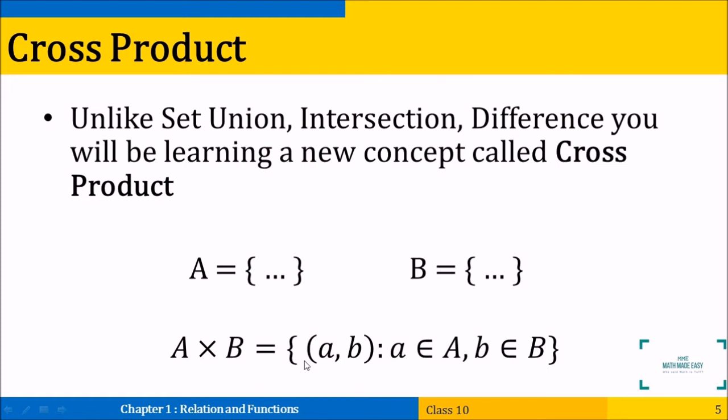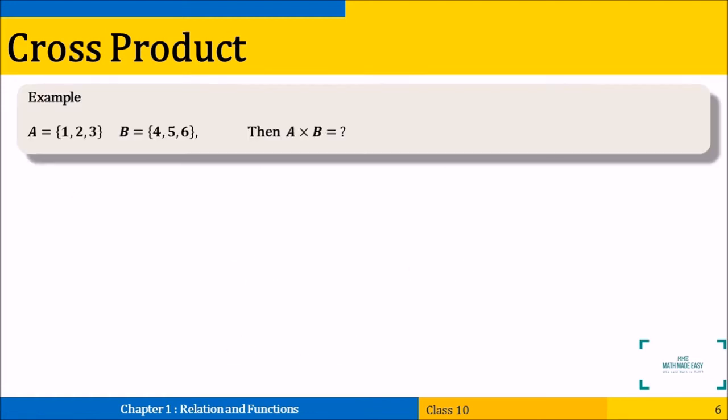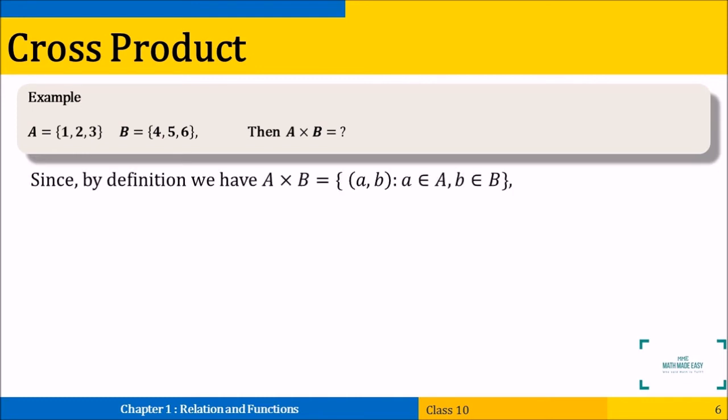Let me make this clear with an example. Let's consider the set A to be {1, 2, 3} and the set B to be {4, 5, 6}. Let's find A cross B. By definition, A cross B equals the set of ordered pairs (a, b) such that a belongs to the set A and b belongs to the set B. We have A equals {1, 2, 3} and B equals {4, 5, 6}.